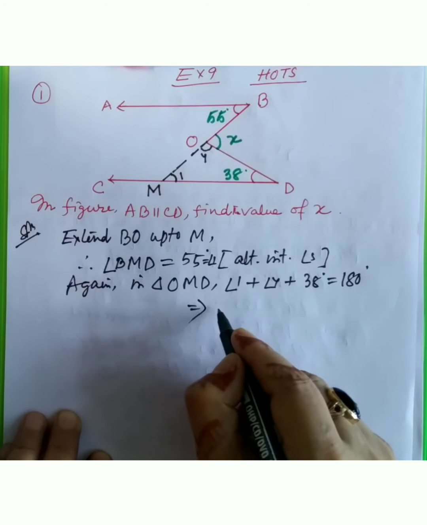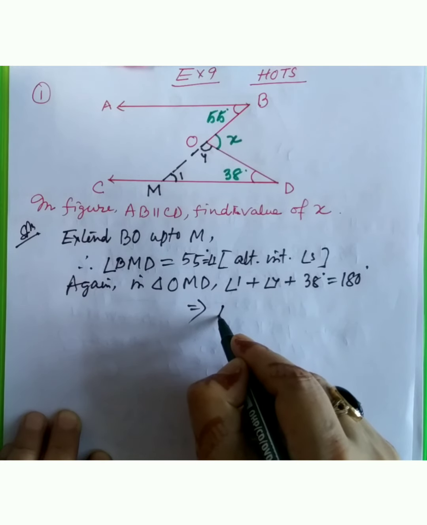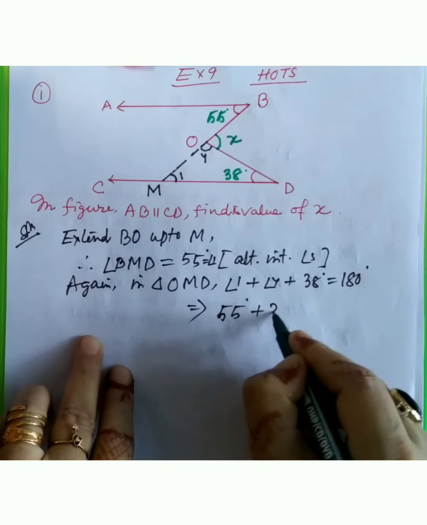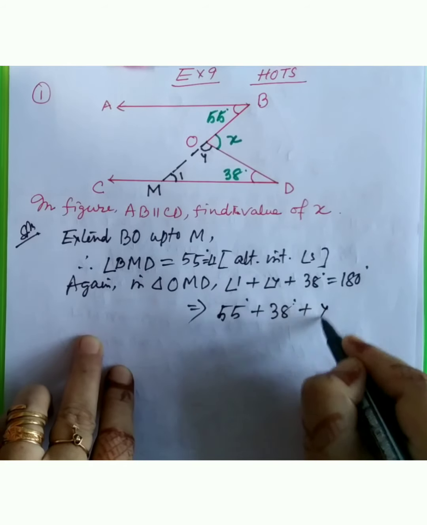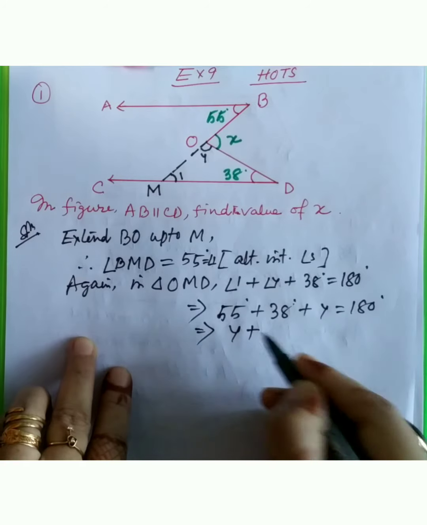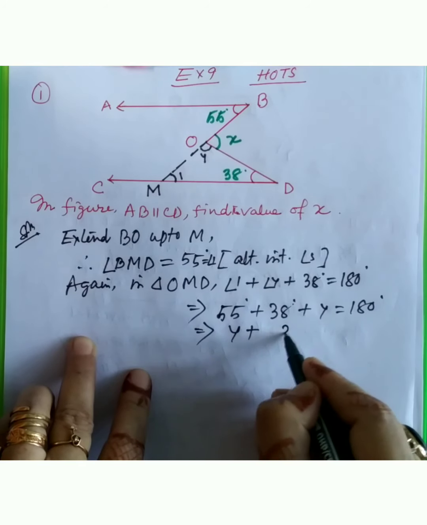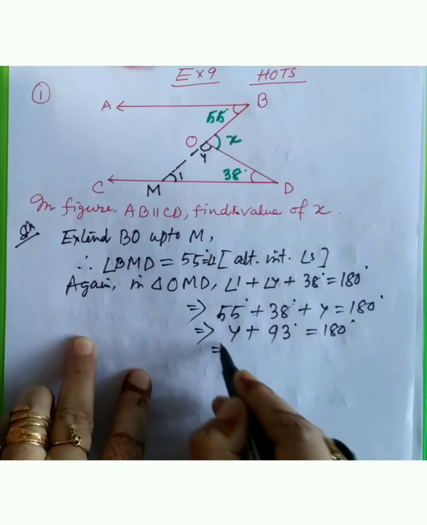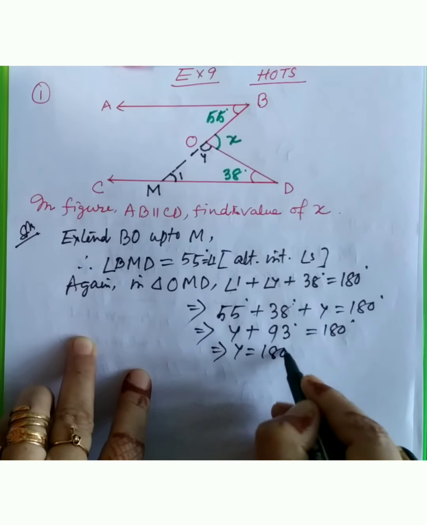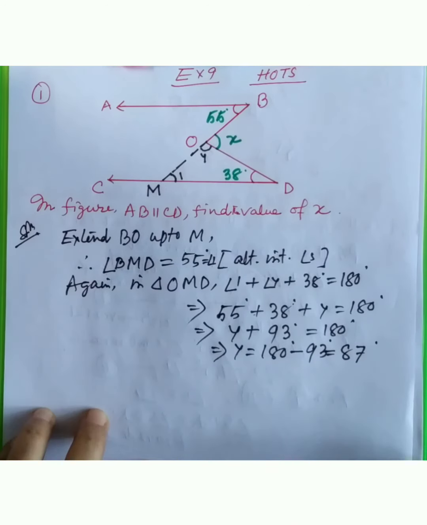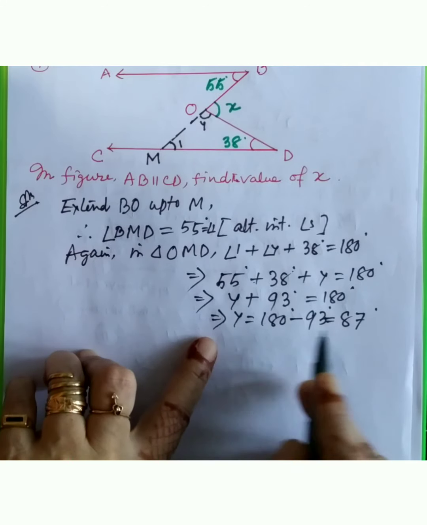This implies angle 1 is equal to how much? 55 degree plus 38 degree plus y is equal to 180 degree. This implies y plus 93 is equal to 180 degree. This implies y is equal to 180 degree minus 93 degree is equal to 87 degree. Okay, we have found this value of y.